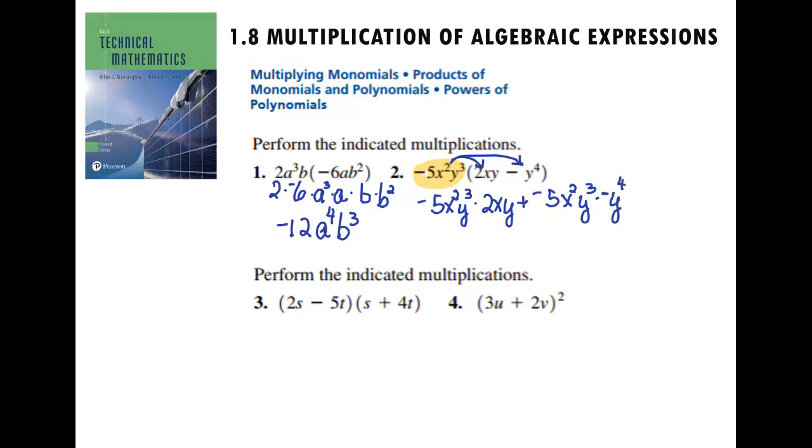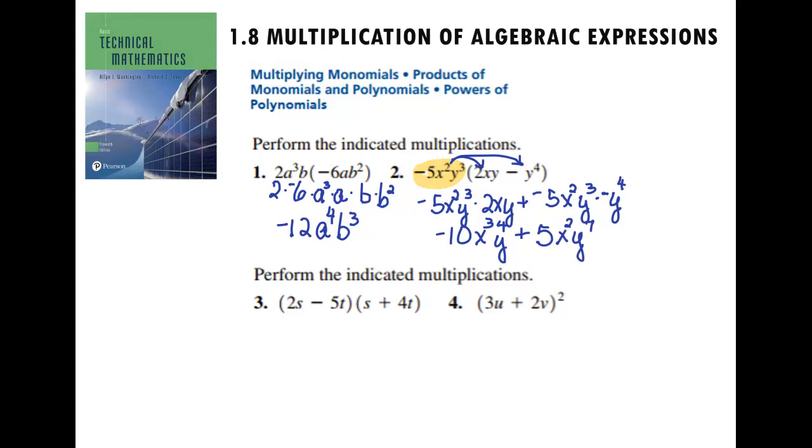Now, when I do this arithmetic, that's going to give me a negative 10. Multiplying our x's, that's x cubed, and the y will give us y to the fourth. I do the same thing here with this. A negative times a negative is a positive, so we've got plus 5x squared, and then y cubed times y to the fourth is y to the seventh.